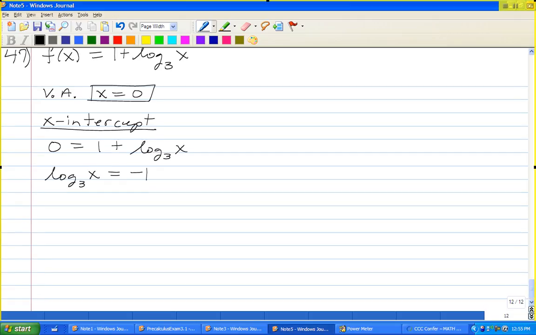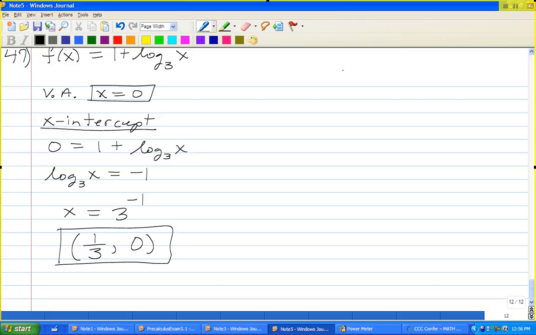The base is 3, the exponent is -1, and the result is x. And so that says the x-intercept is at 3 to the -1, which is 1/3, 0.